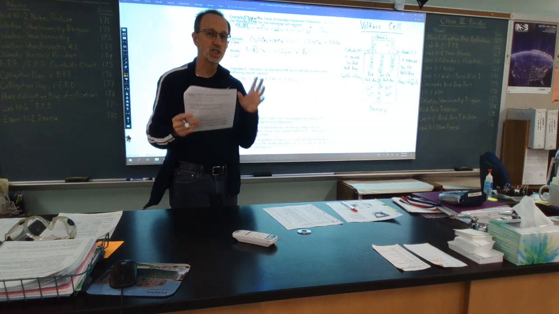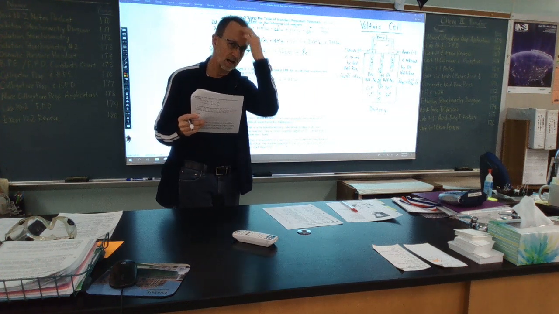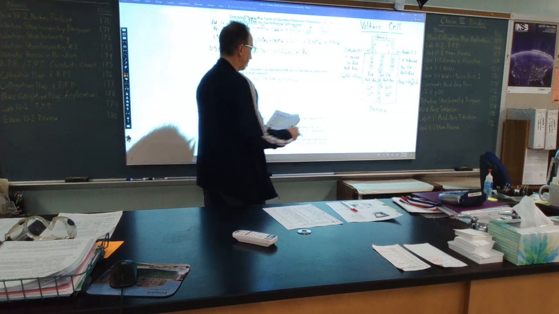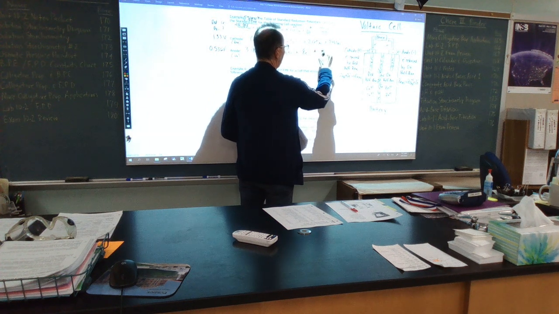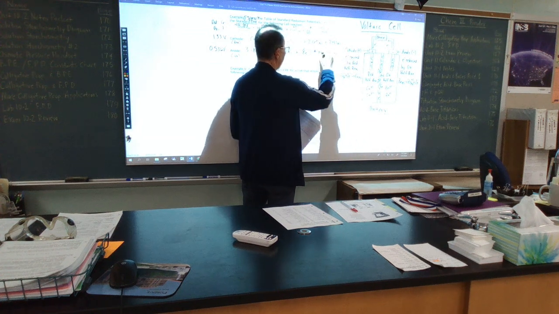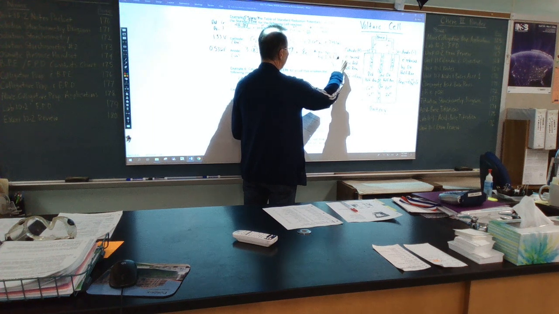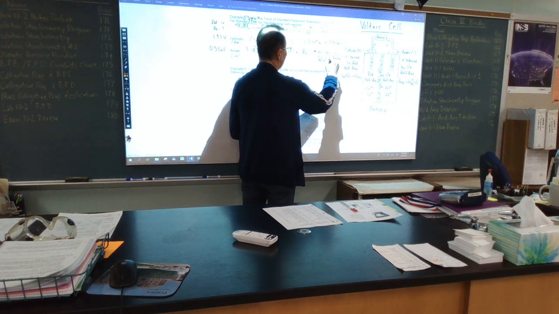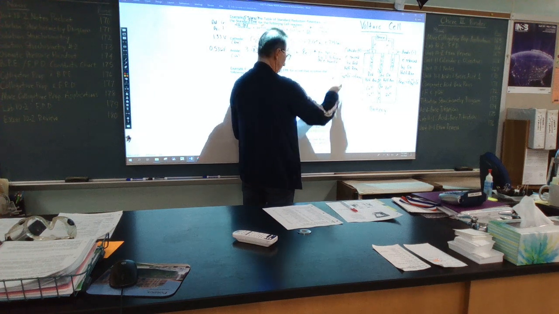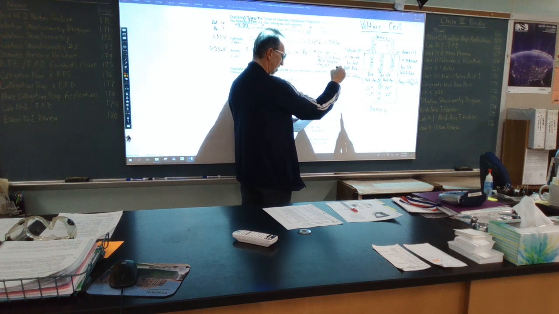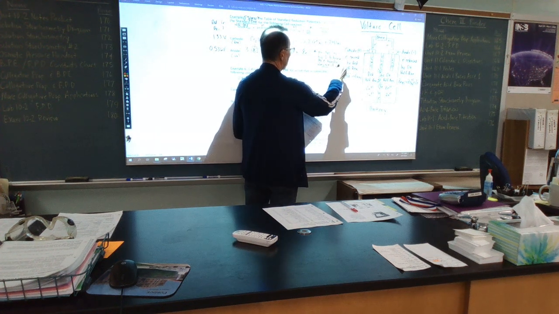Now, the thing that we just talked about, the fact that E, or voltage, is an intensive property. I'm going to make a little note here. Multiplying by 3, to balance the electron transfer, does not, repeat, does not change the E value.